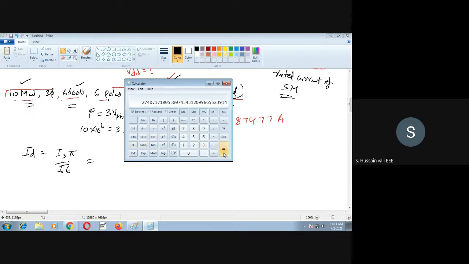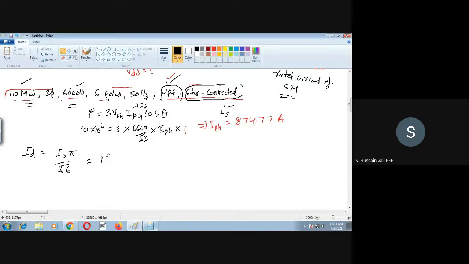Once again root 6. Yeah, we got the answer 1122.13. So this is the ID value.